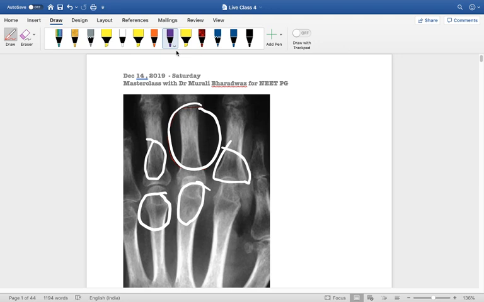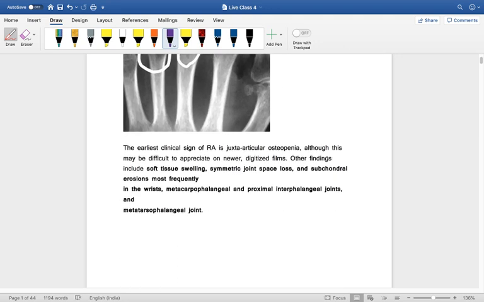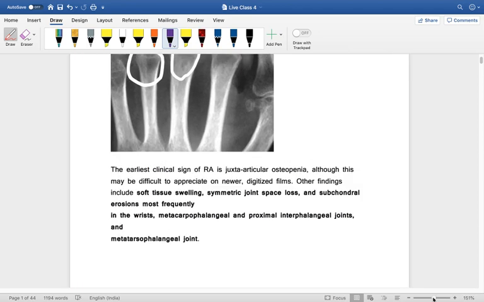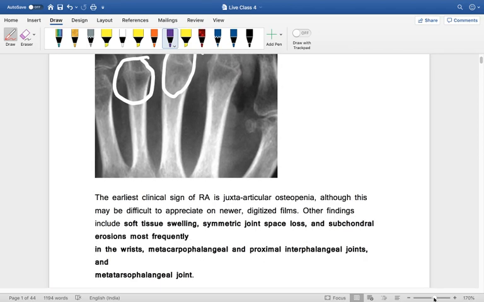This is the classical feature of rheumatoid arthritis. If the examiner asks tomorrow, what is the earliest radiological sign of rheumatoid arthritis? Juxta-articular osteopenia. You may also have soft tissue swelling, symmetric joint space loss, subchondral erosions, etc.